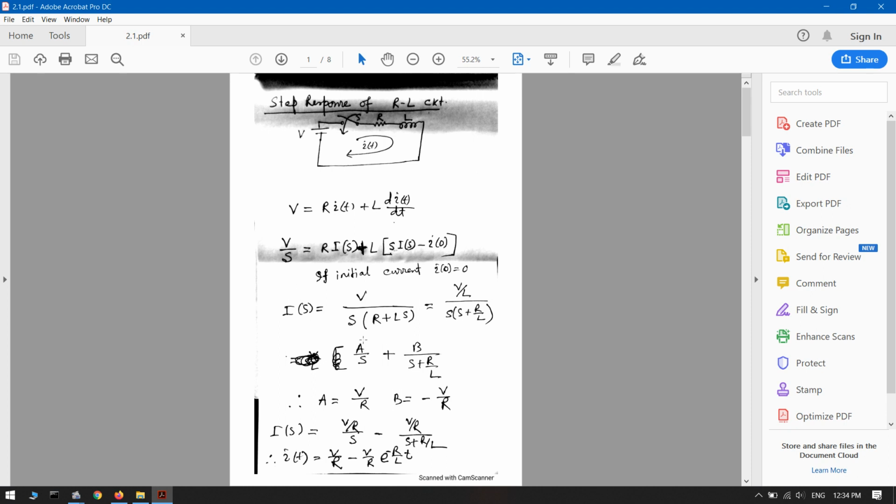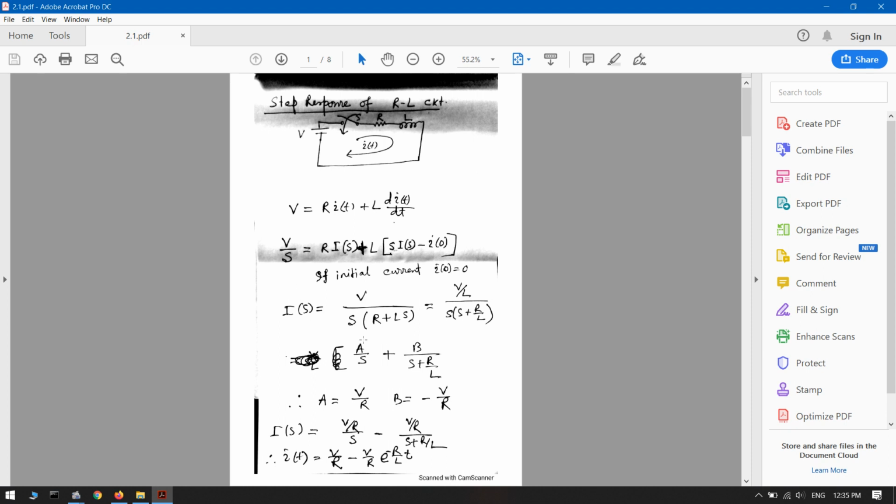Isn't it? Can we write this? First equation. We have written this using KVL: V equals R into i(t) plus L d/dt of i(t). Here our assumption is that the current flowing through the circuit is i(t), and our intention is to calculate the value of the current i(t).